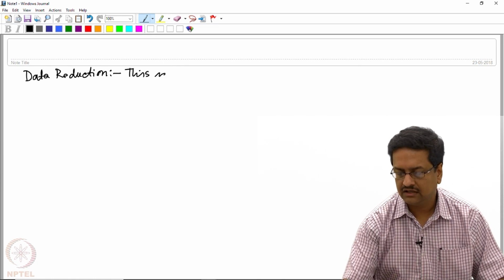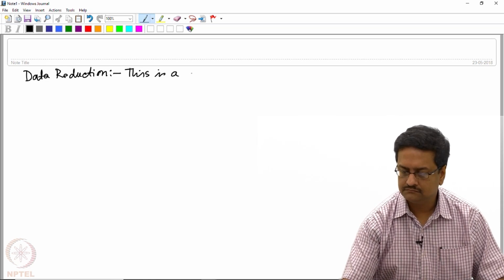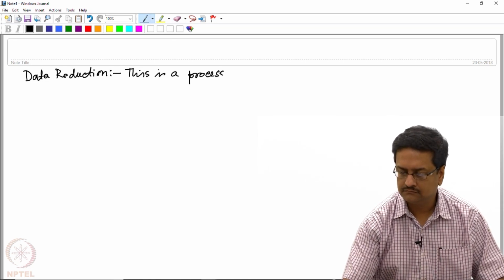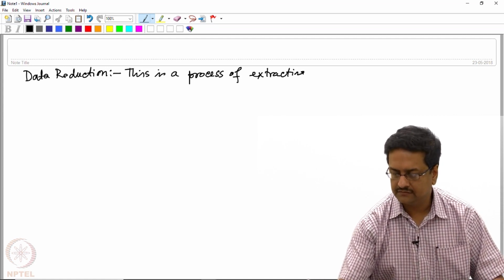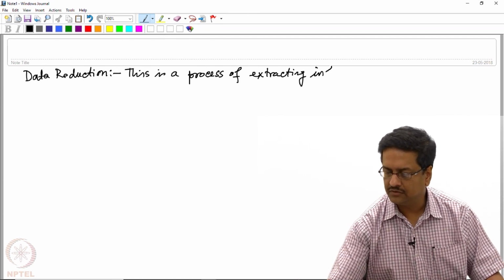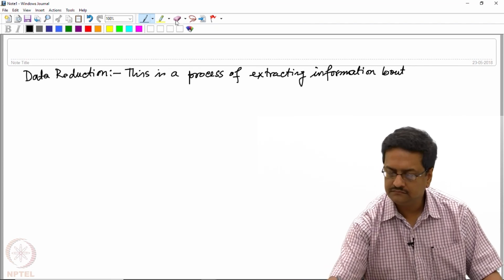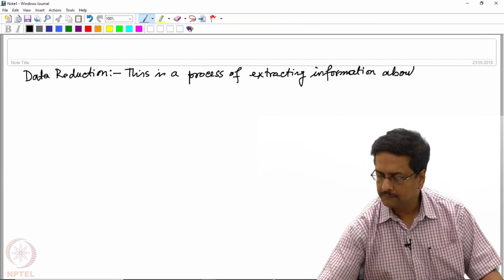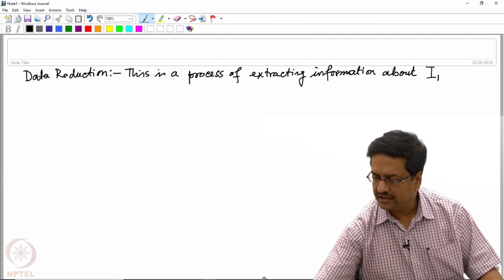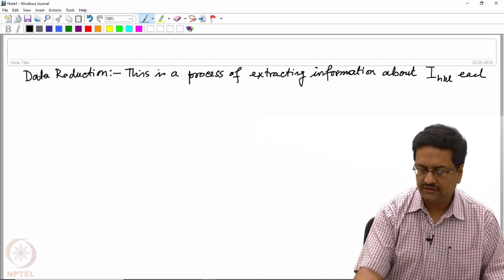This is a process of extracting information about the intensity I(HKL) for each reflection.